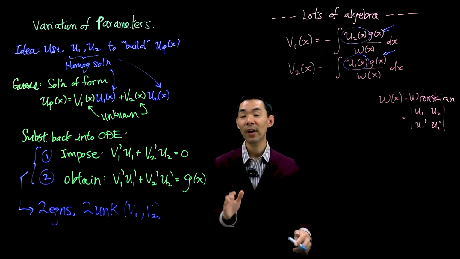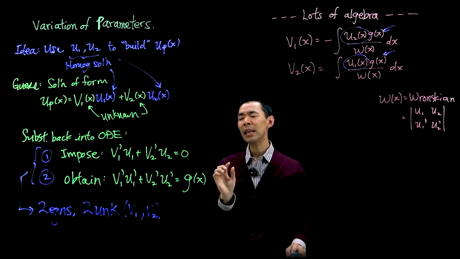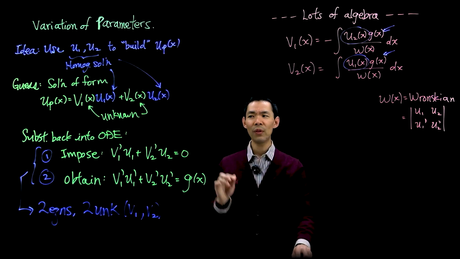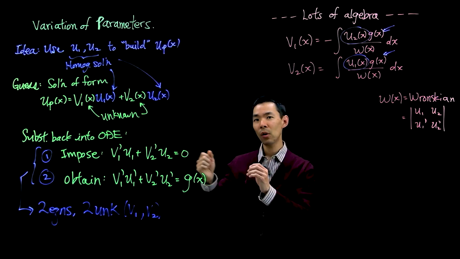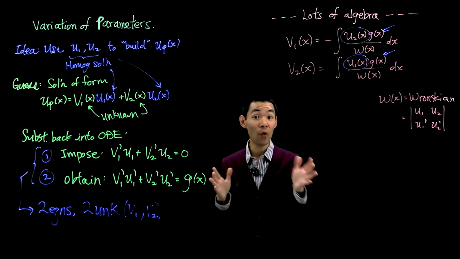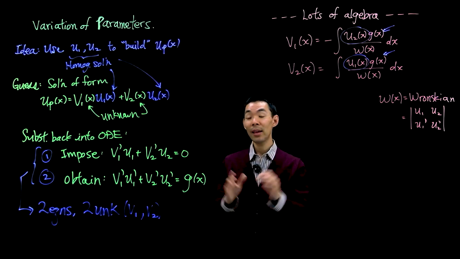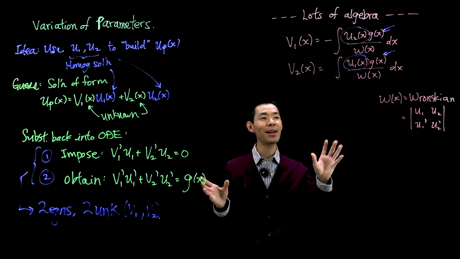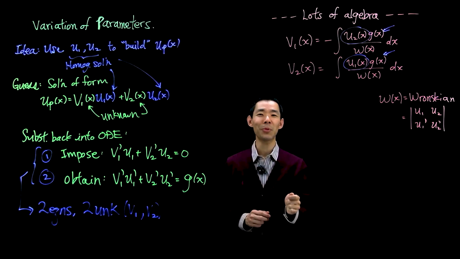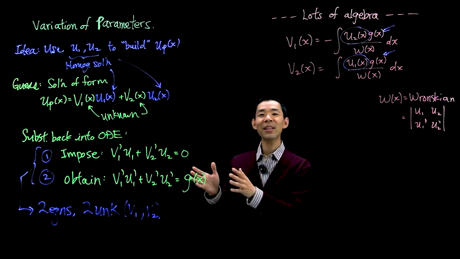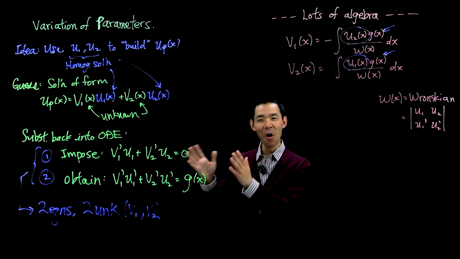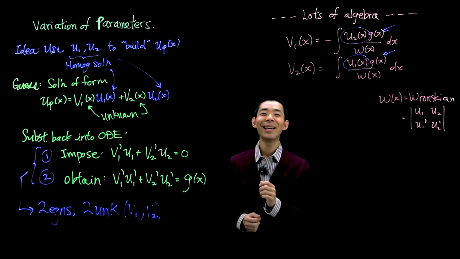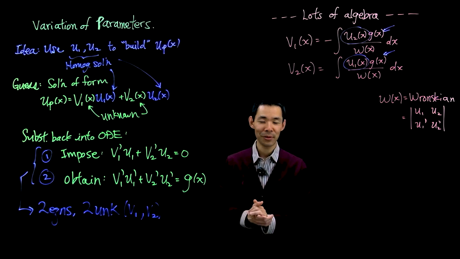And the nice thing about variation of parameters is that it works even for non-constant coefficient ODEs. So if you have p of x, q of x, which are some function of x, the coefficients in your ODE, variation of parameters will still work. Okay, so I think of variation of parameters as the sure shot way that will always work. So if method of undetermined coefficients fails, if all else fails, variation of parameters will always rescue us and be able to uniquely determine the particular solution.